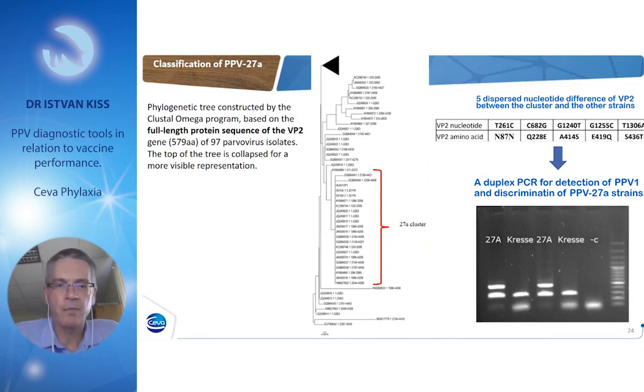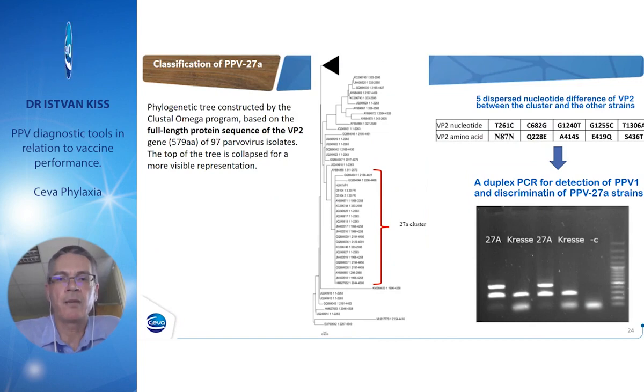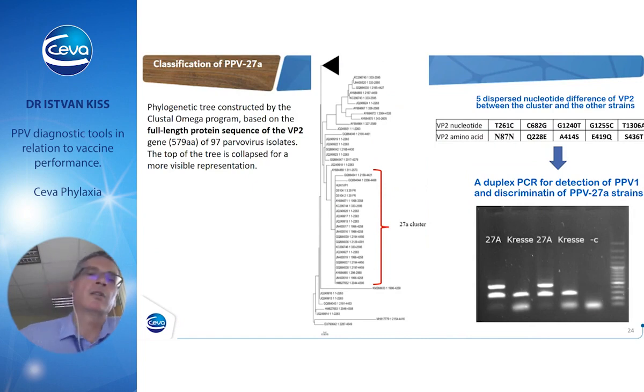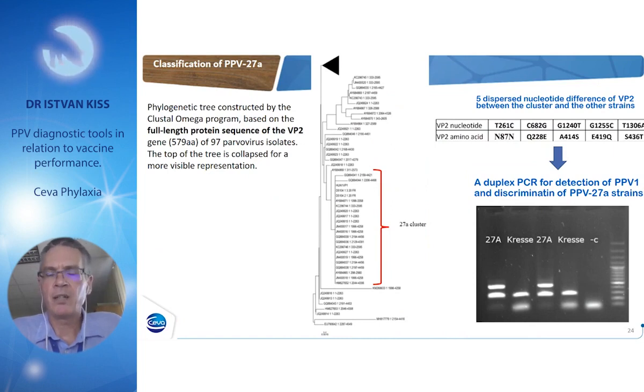Although you can see some minor differences here, it was established that there are 5 nucleotide mutations that determine this group, the 27A group. One of them is a silent mutation, so there is no amino acid substitution as a consequence, but the other 4 are non-silent mutations.